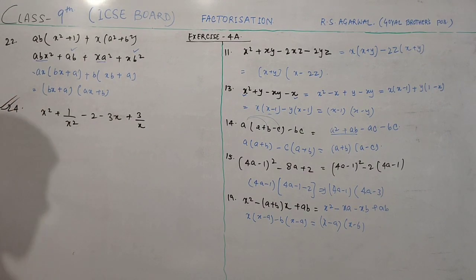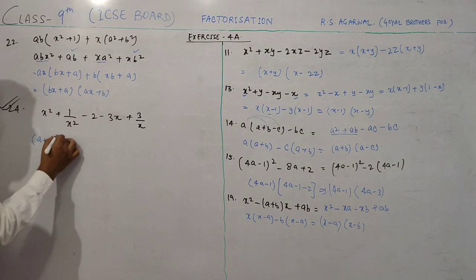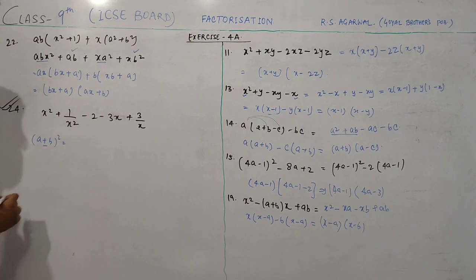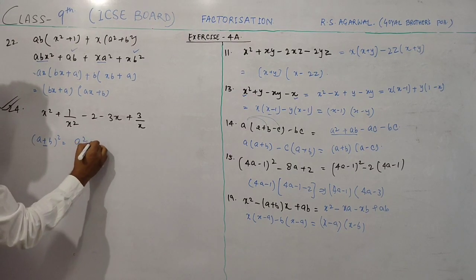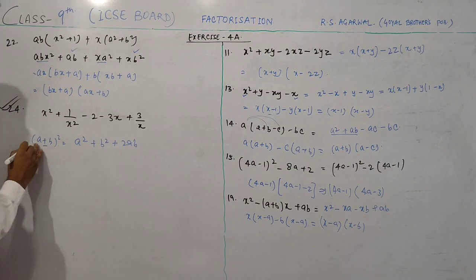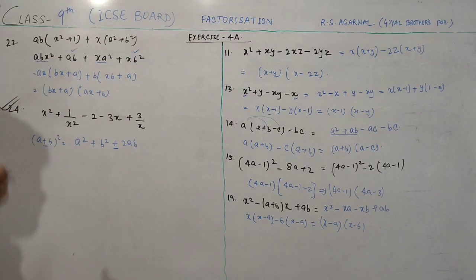So here we read the formula and we know the identity of a plus b whole square and a minus b whole square. A plus b whole square is a square plus b square plus 2ab, and a minus b whole square is a square plus b square minus 2ab. Okay, this is the identity.